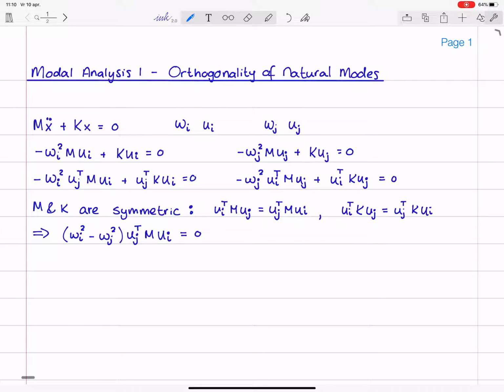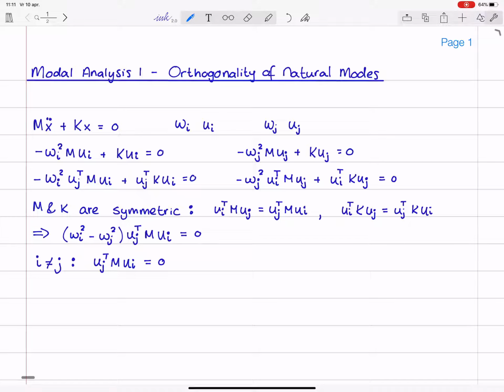Okay, so that means that since omega i and omega j are not the same, for i and j not the same, so if I picked really two distinct natural frequencies and modes, I must conclude from this that u_j transposed times M times u_i must be 0.